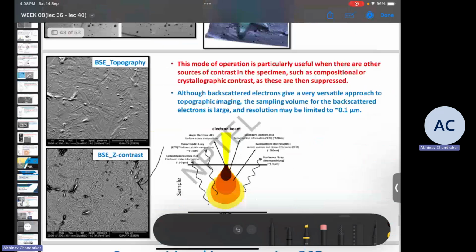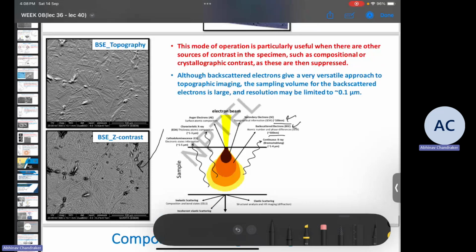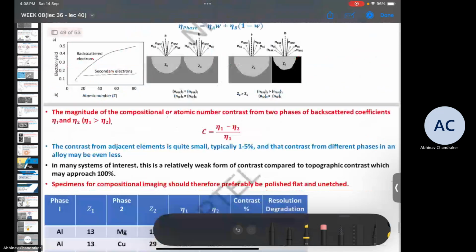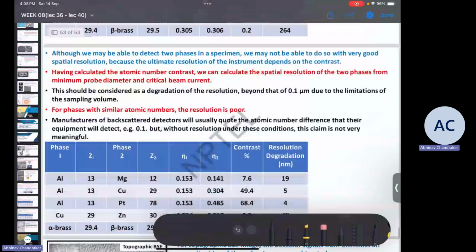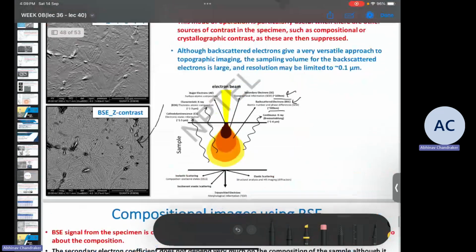So one limitation which comes when doing topographic imaging using BSEs is that BSEs have a very high sampling volume. For SEs it is 100 nanometers or less, but in BSE you can have it up to 500 nanometers. Actually, these are the interaction volumes. The sampling volumes will be lower than these.